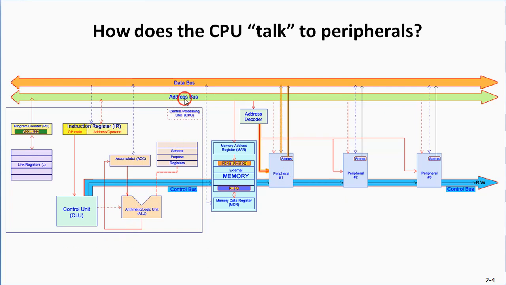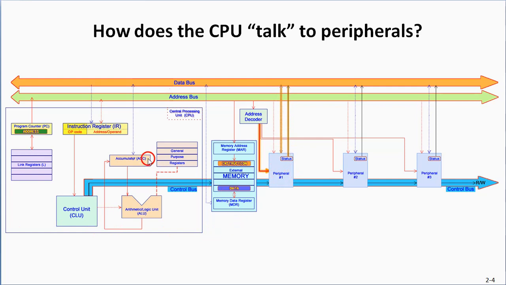Then it will drive the address of the peripheral on the address bus to indicate who it is trying to talk to. So once the CPU has driven the data that it wants to communicate on the data bus and the address of the peripheral on the address bus, then it issues a read-write signal. Now, obviously, only that peripheral, which is the intended destination, is going to grab the data from the data bus.